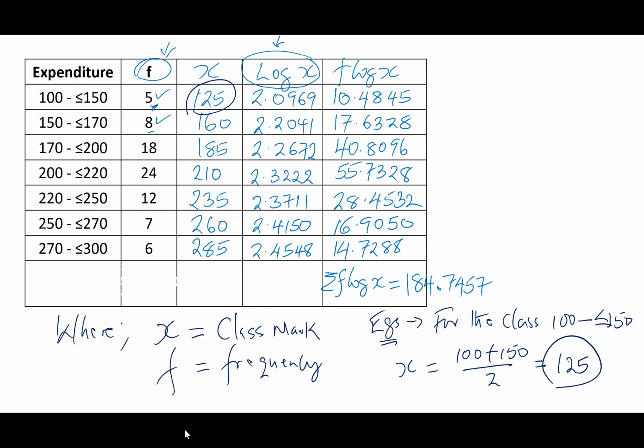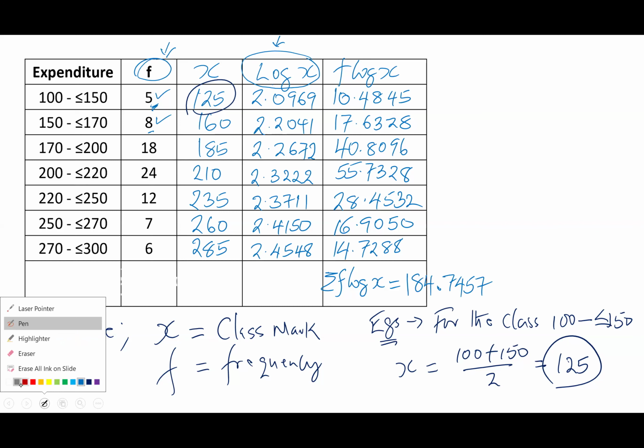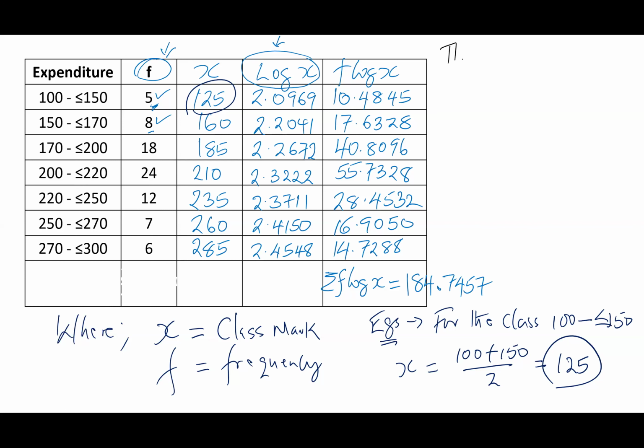So we pull out the formula from the previous slide, and we say, therefore, our geometric mean is equal to antilog of summation f log of x over summation of f.